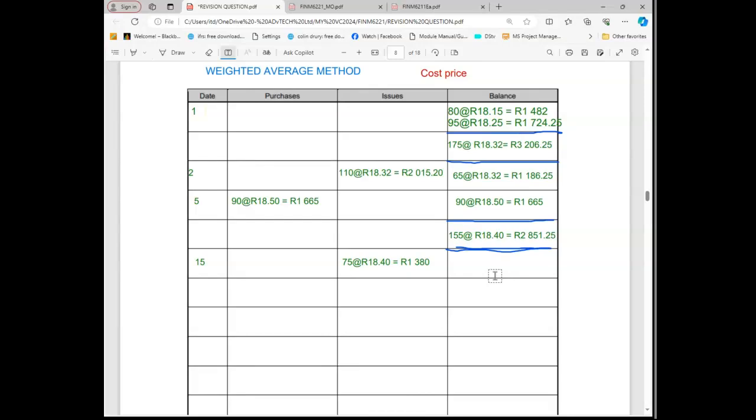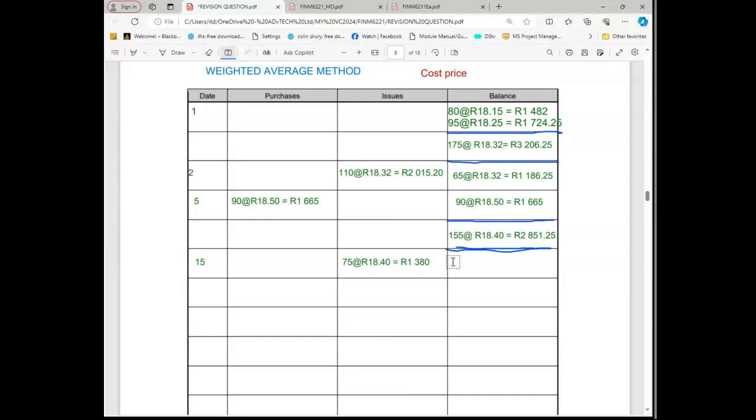You sold how many units? I sold 75 units, sir. So 155 minus 75. How many units are you left with? Oh, okay. I forgot the units. No, you can't start with the amount. You're going to be wrong. You must start with the units when you sell.